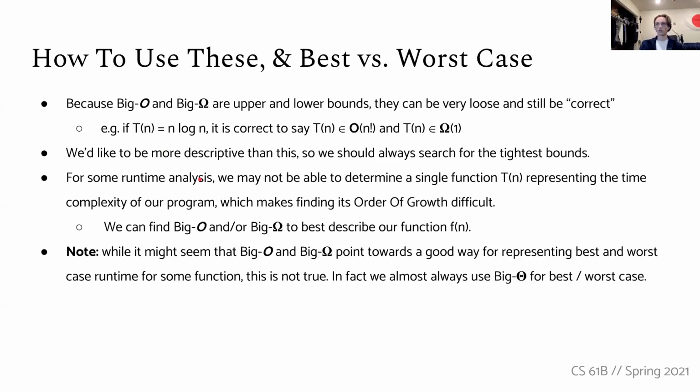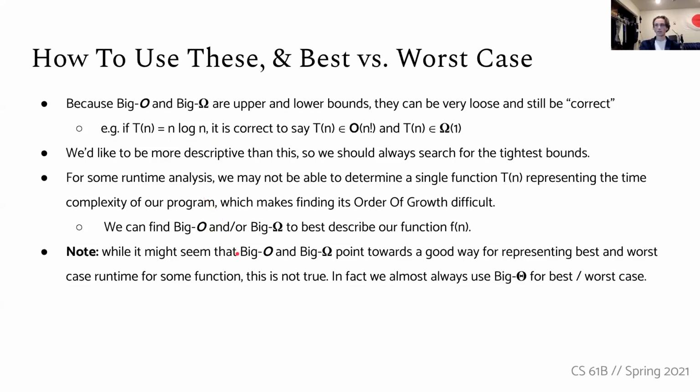So when we're doing runtime analysis, it might not be possible to always represent our function in terms of just one time complexity function. In these cases, we will be using big O and big omega to represent our function f of n, because we can always upper bound and lower bound our programs, even when we can't find a big theta.